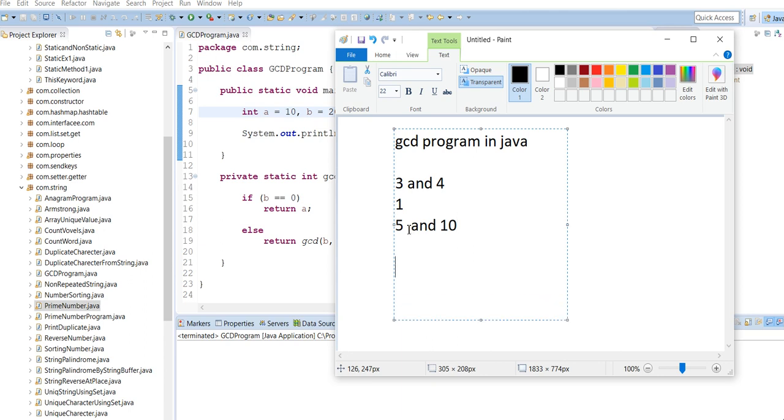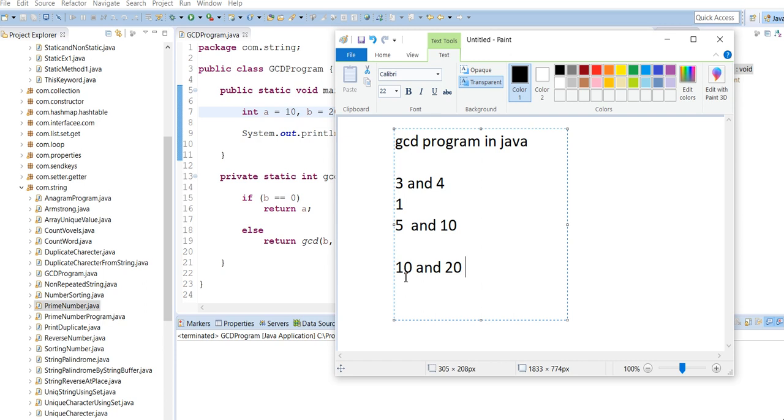Suppose 10 and 20 are there. 5 divides 10 and 5 divides 20 also. Even 2 divides 10 and 2 divides 20, but 2 is not the greatest divisor.